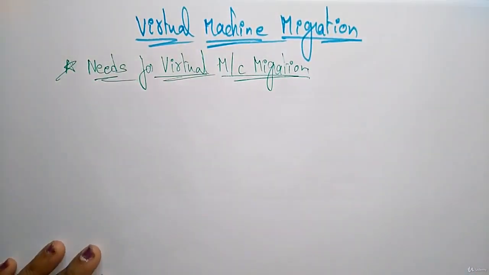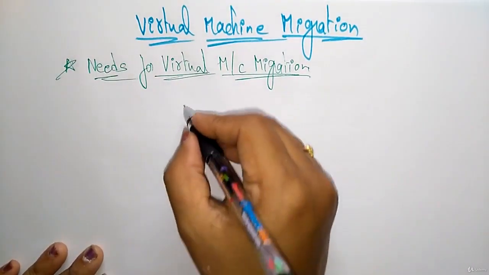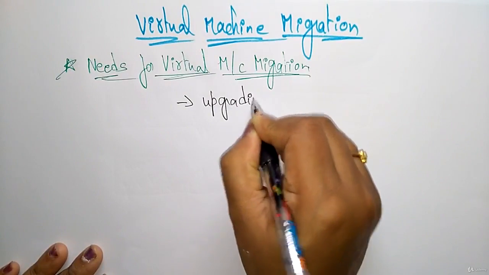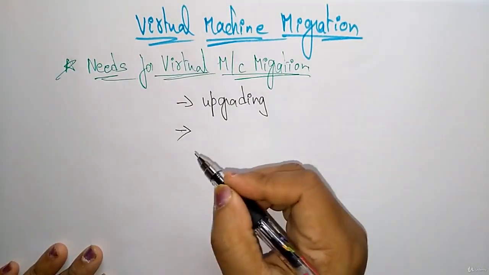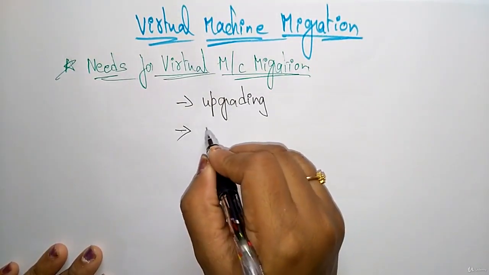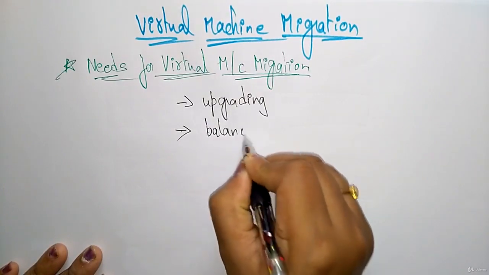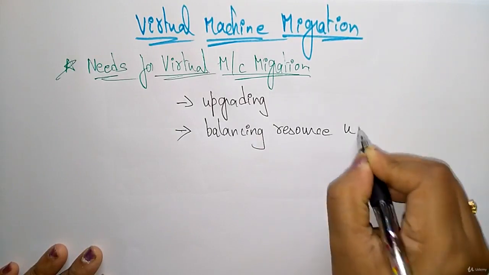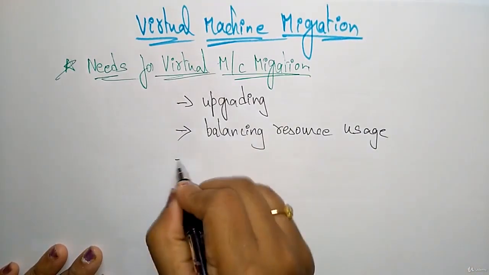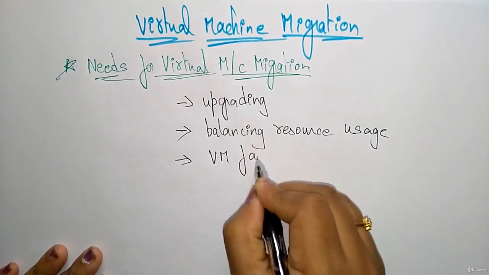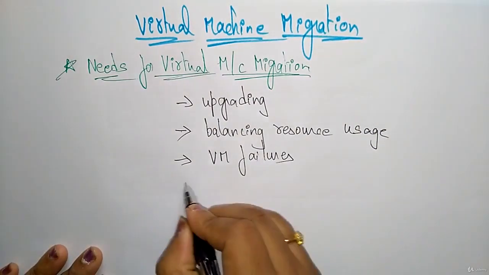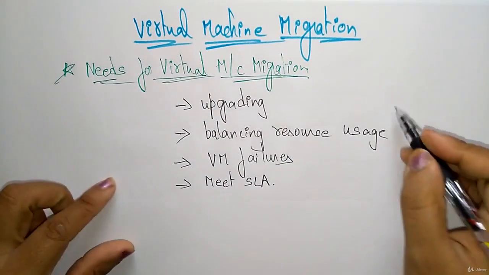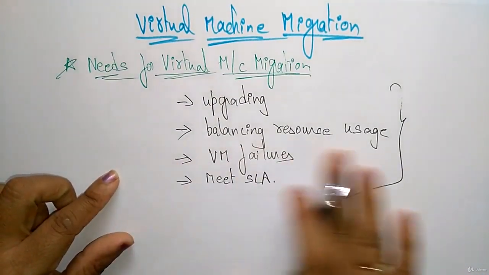The different needs for using virtual machine migration are upgrading, next balancing resource usage, next virtual machine failures, and meeting SLA. So these are the different reasons for virtual machine migration.